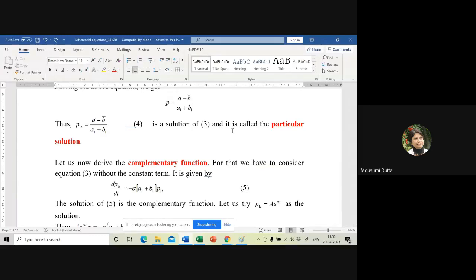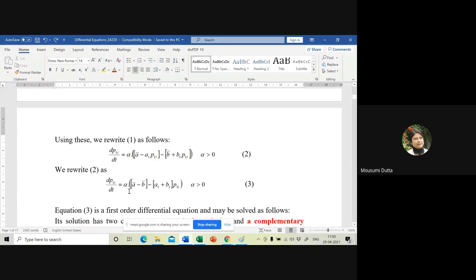For that, we have to consider equation 3 without the constant term. That means you have to consider the homogeneous form of the equation. So let's check equation number 3 quickly. If I do not consider this constant part, I have to consider only this part multiplied with alpha.